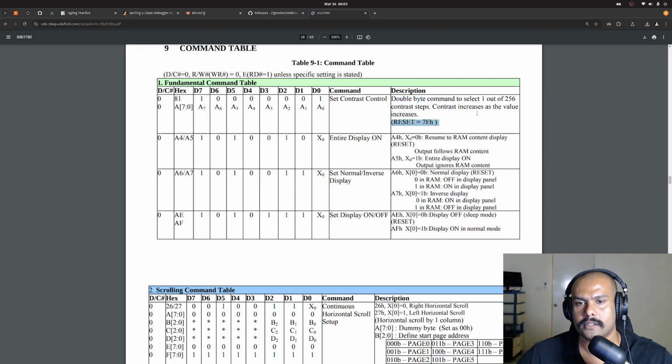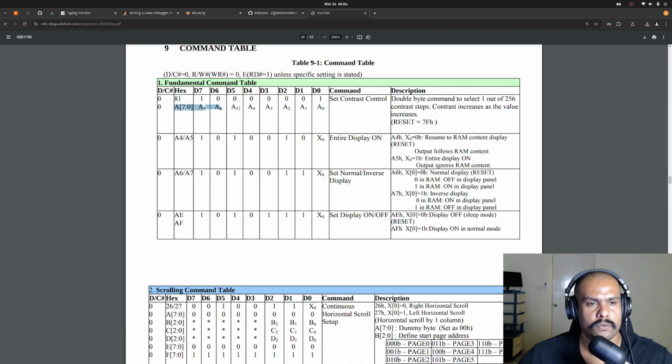Reset is 7FH. Not sure what that is. 0845.